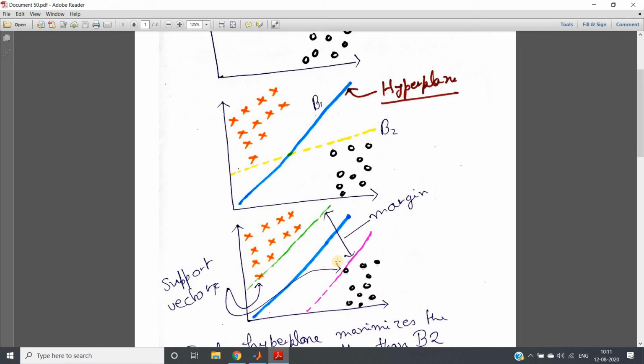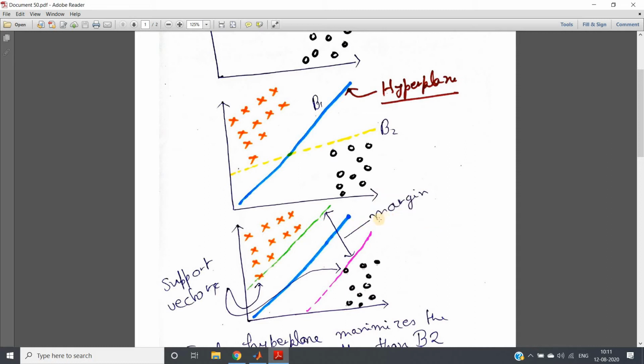Here also, for this particular class this point is nearest, so we will draw one more parallel plane via this circular point. The gap or distance between these two parallel planes is called the margin, and the idea to get the proper hyperplane is to maximize the margin.